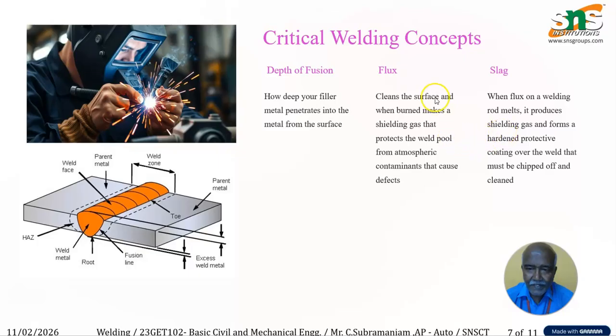Whereas slag, when the flux on the welding rod melts, produces shielding gas and forms a hardened protective coating, so that the welded metal must be chipped off and cleaned.